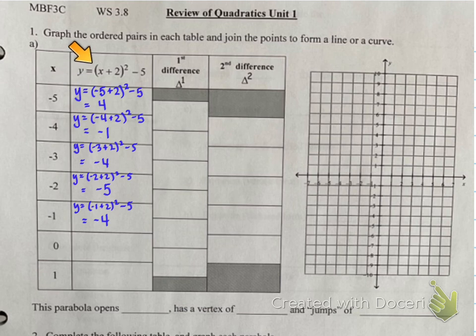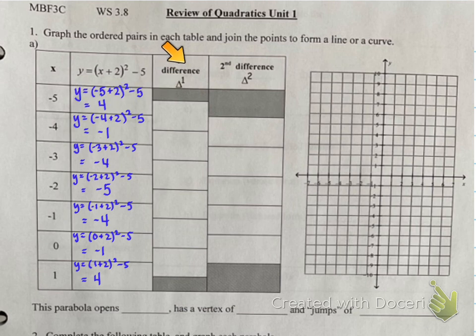Take 0, plug it in for x, and we get y equals (0 + 2) squared minus 5, and we get the value of -1. Again, take 1, plug it in, and we get y equals (1 + 2) all squared minus 5, which is equal to 4. So what do we do now?